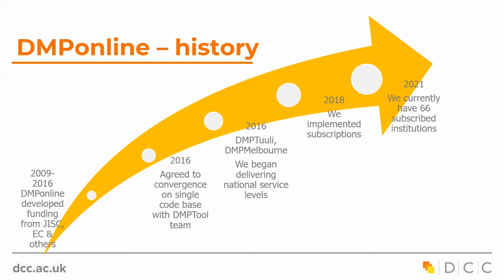So we started in 2010. And the tool was developed with funding from the Joint Information Systems Committee, JISC, in the UK. Then the European Commission contributed, and the University of Edinburgh, a variety of sources.